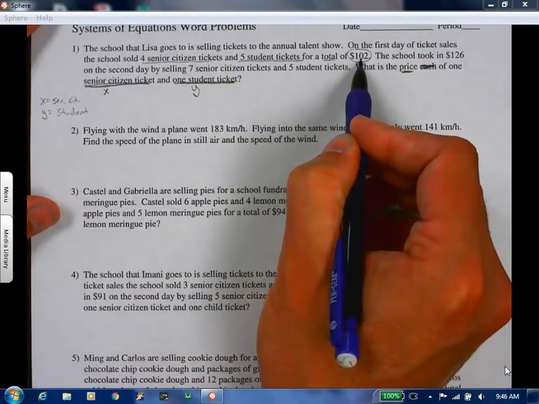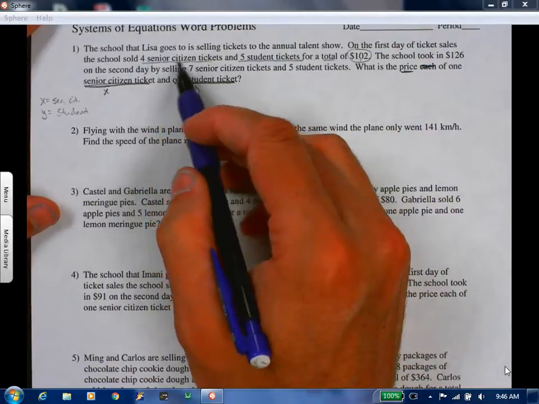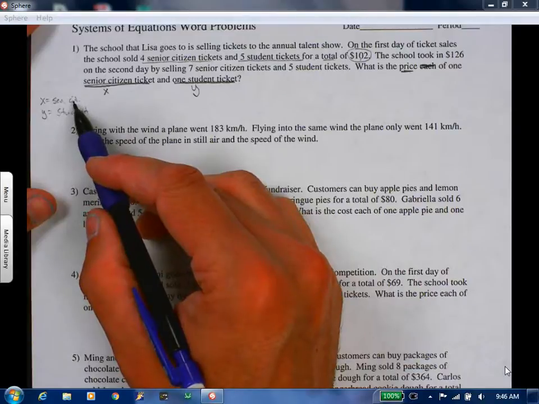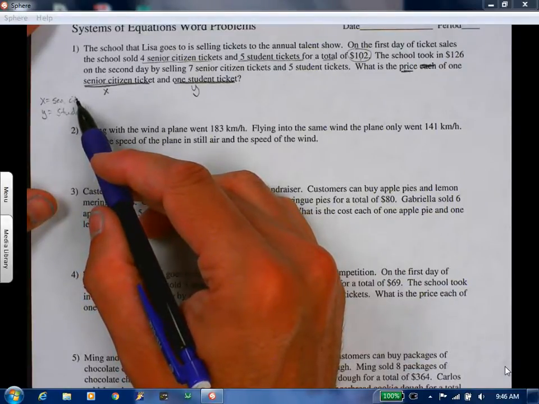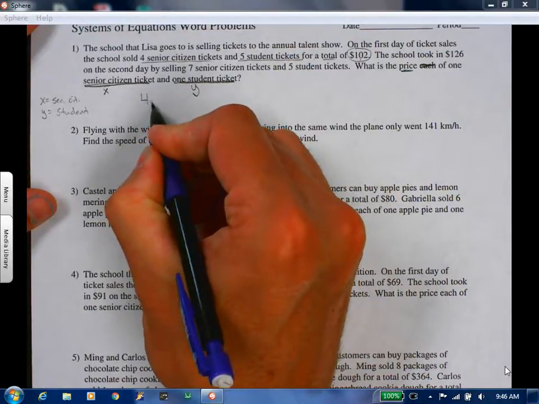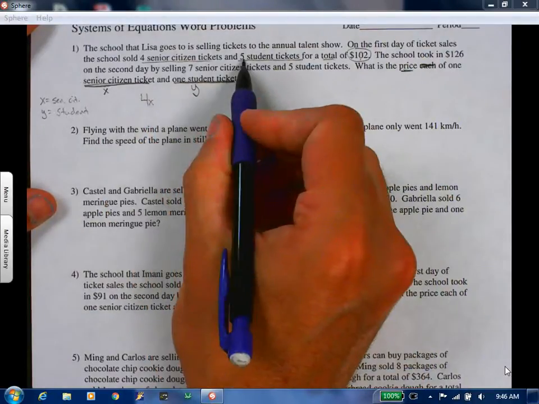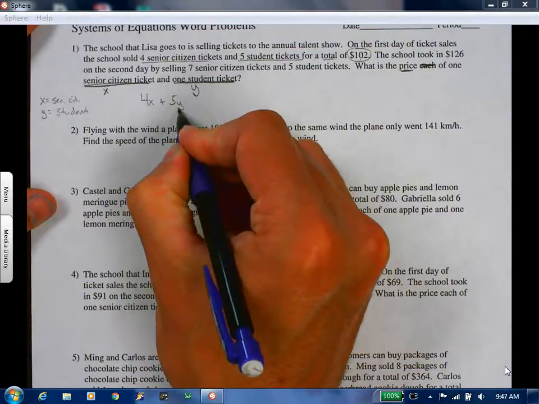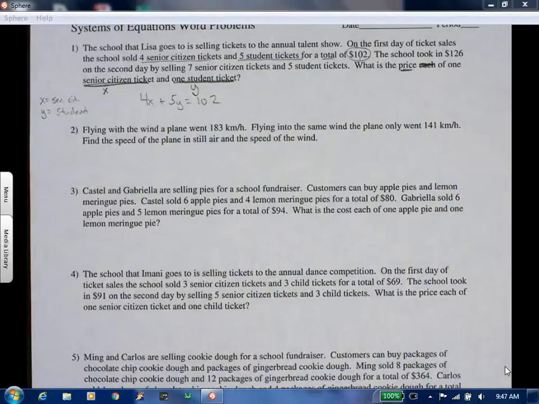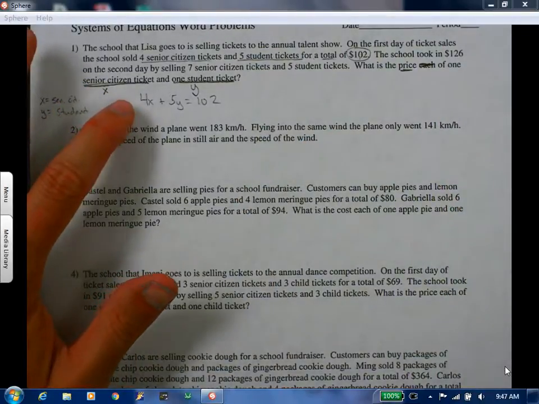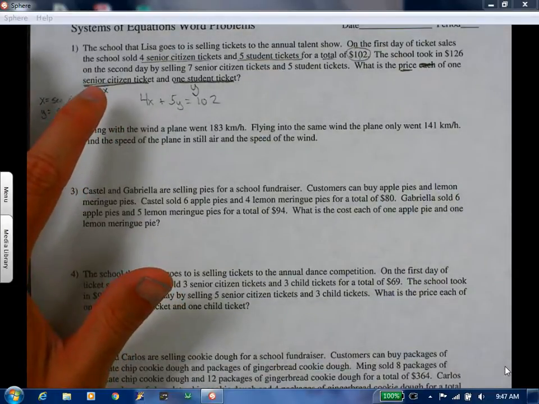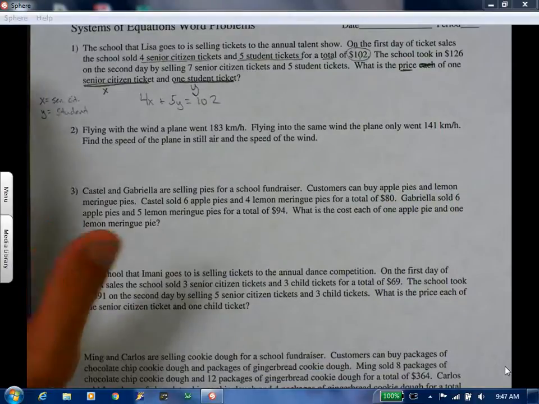If you sell 4 senior citizen tickets, and X is the amount of a senior citizen ticket, that's 4X plus 5Y equals 102, because 102 was the total. 4X is how much money you'd get from senior citizen tickets. If it costs $5 a ticket, you get $20. We don't know how much it costs yet, so we just put X. So 4X plus 5Y equals 102.